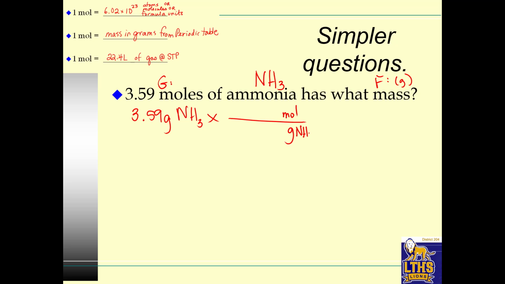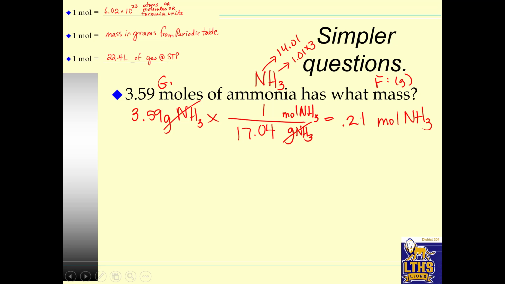Notice it's NH3. This is only going to be true if it's NH3 because I'm going to the periodic table. I'm getting 14.01 for that, 1.01 for that times 3. Looks like it's going to be 17.04 grams for every 1 mole. Goodbye grams. Hello moles of ammonia. Boom. 3.59 divided by 17.04, 0.21 moles of ammonia.